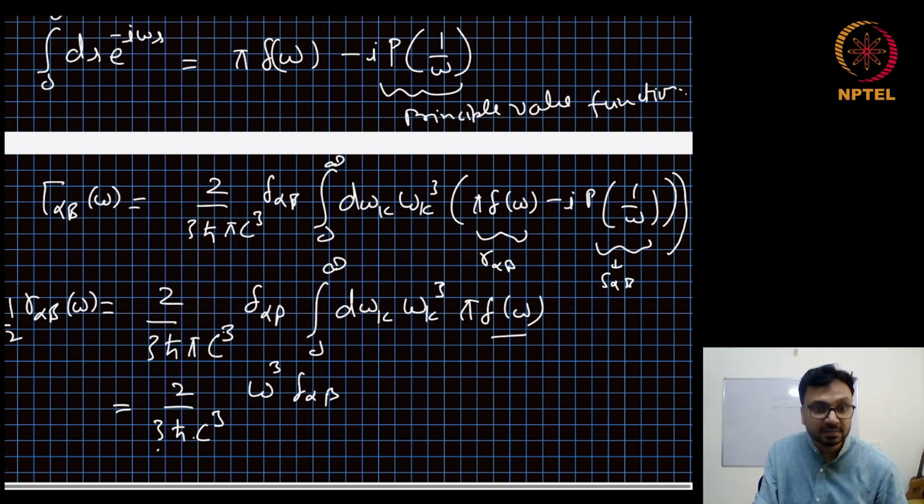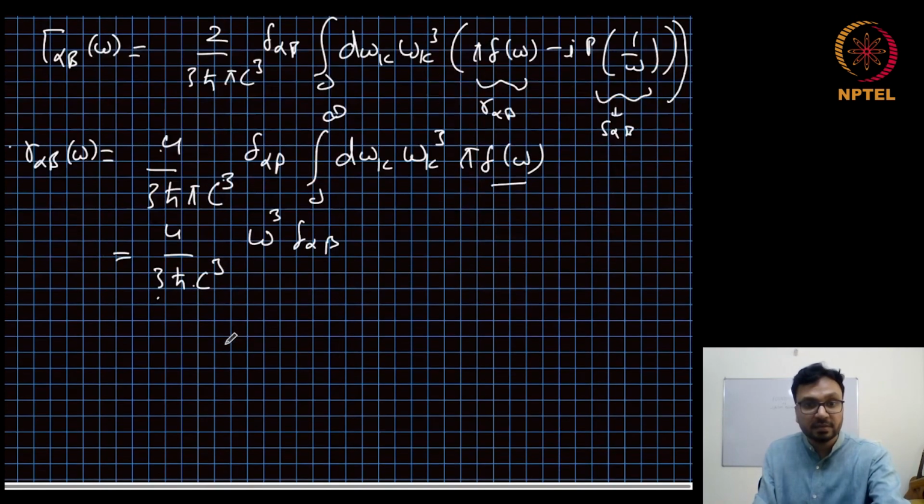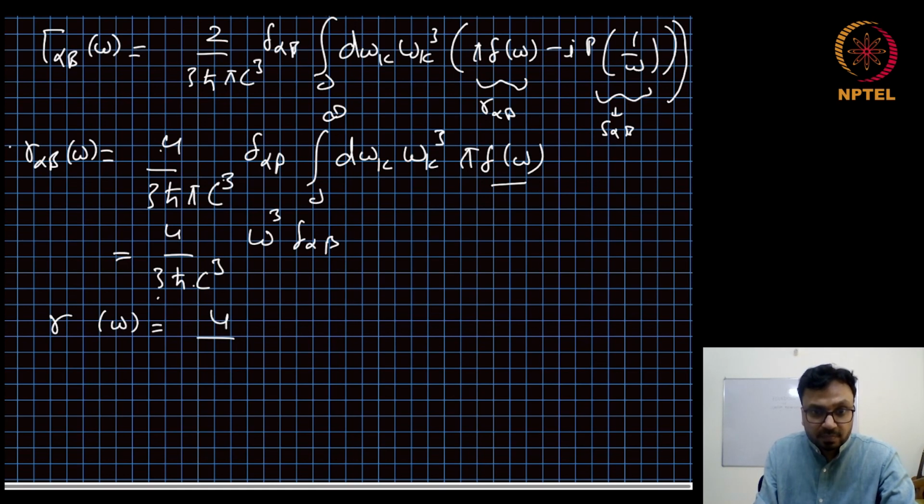We can take this factor 2, half, and bring it here, and we get a factor 4. So our gamma, let us say, of omega becomes 4 over 3 h bar c cube omega cube.